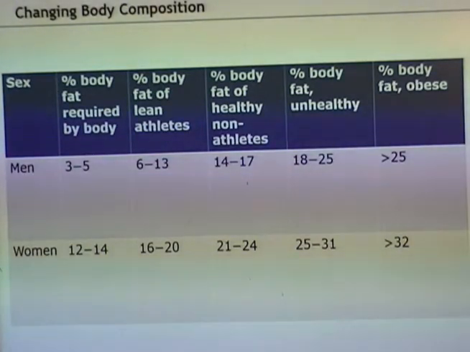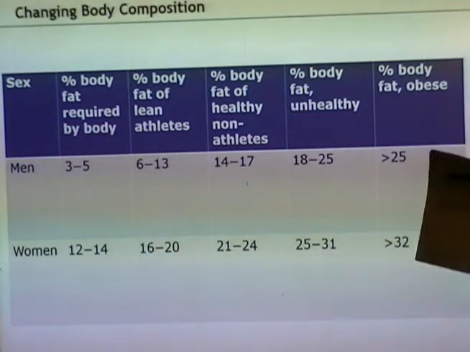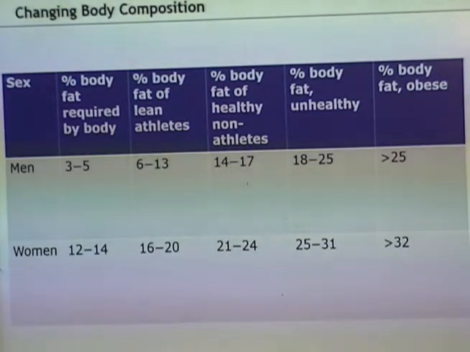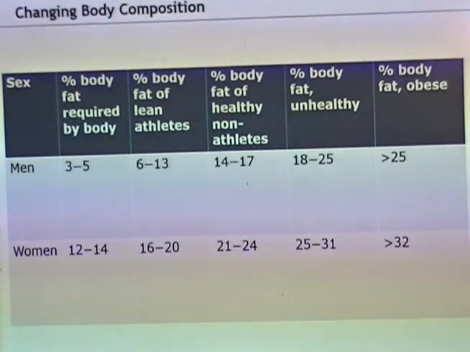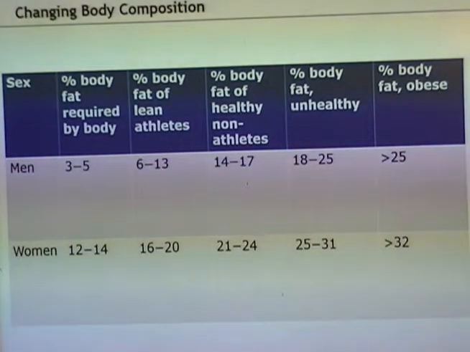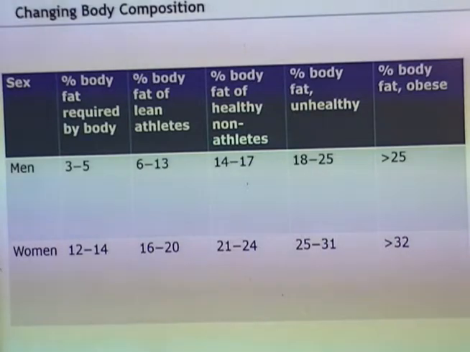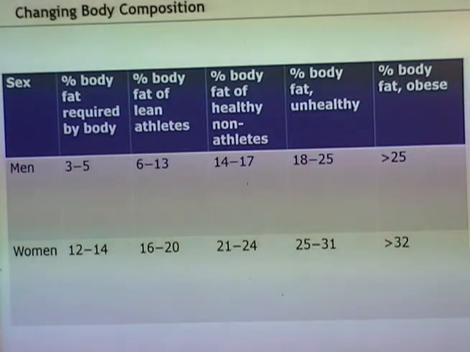So anything too low is unhealthy. You are at increased risk of disease and early mortality. Right? So really, really, really thin people put themselves at risk of dying young, or at least younger than they should. Right? Really, really, really extremely obese people are clearly unhealthy and have much, much greater risks of mortality and disease.